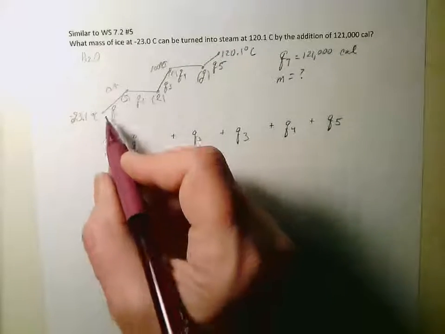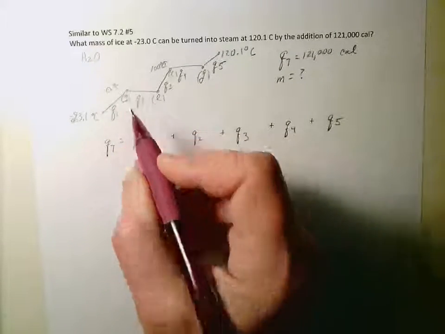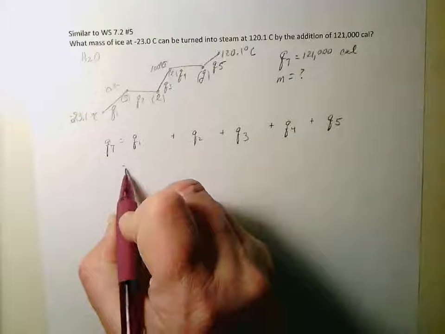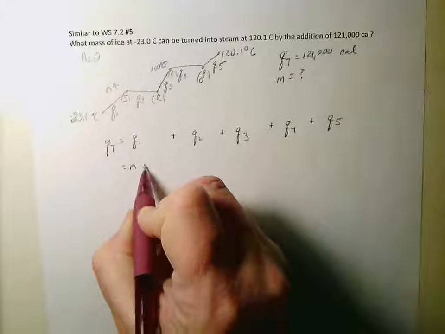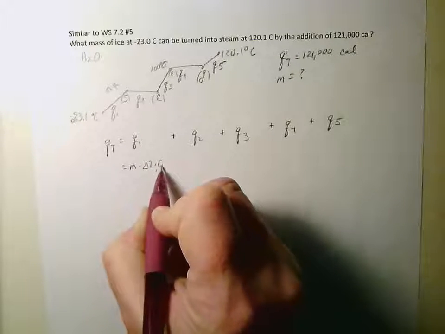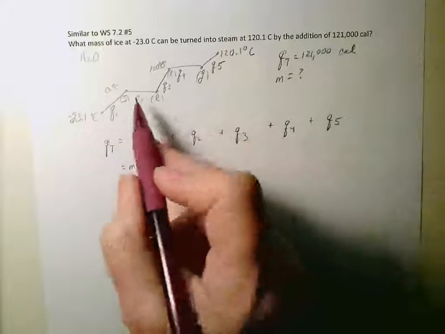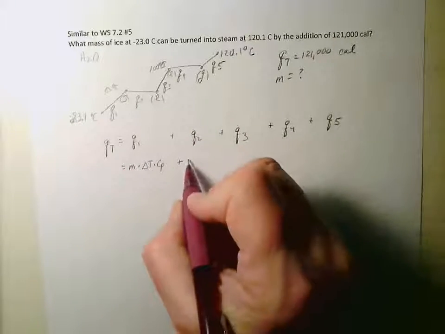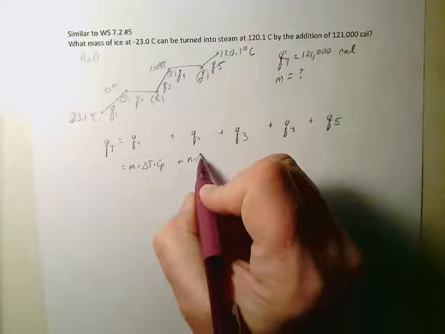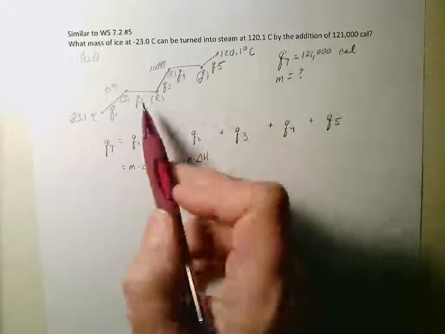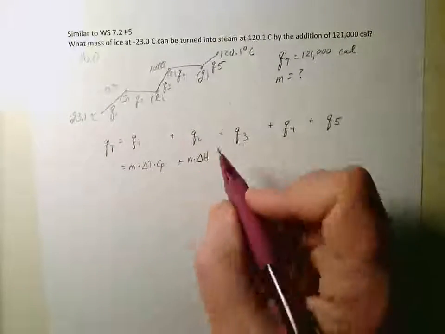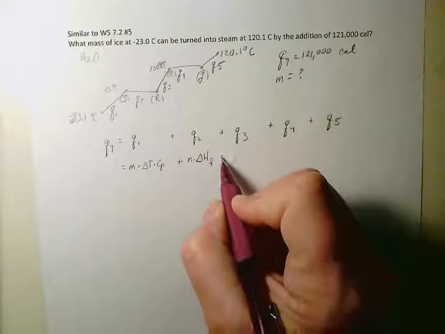So Q1, I have a change in temperature, and so it's going to be mass times change in temperature times C sub P. Here I'm doing a change of phase, so that has to be mass times delta H. And since this is at the freezing point of water, that would be fusion.